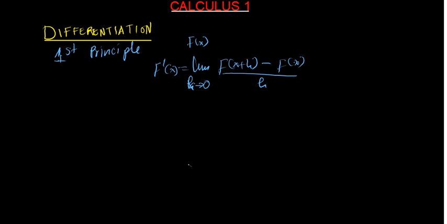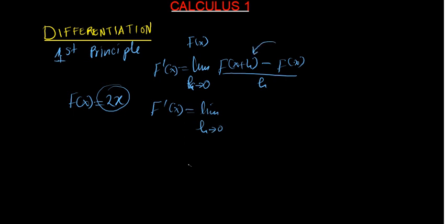So what we mean is, if you've been given f of x is equal to 2x, when you want to differentiate this by the first principle, you are going to say f prime of x is equal to the limit as h approaches 0. In this portion we have f of x plus h.